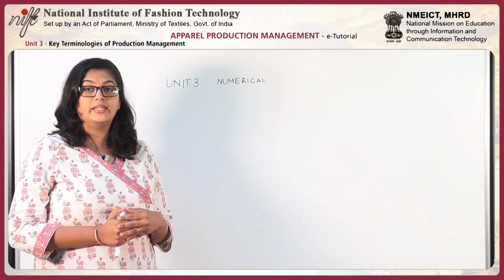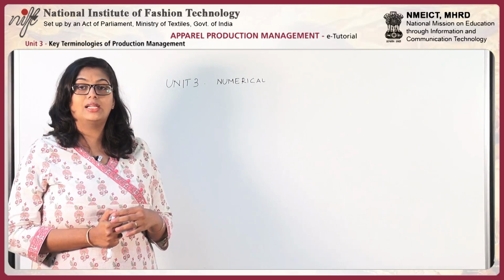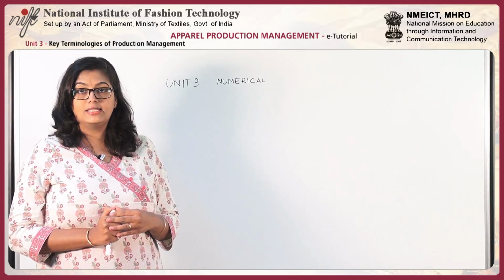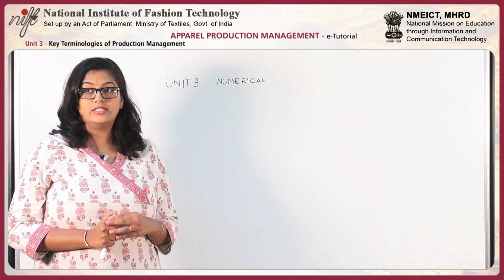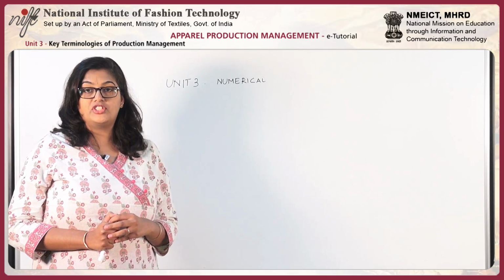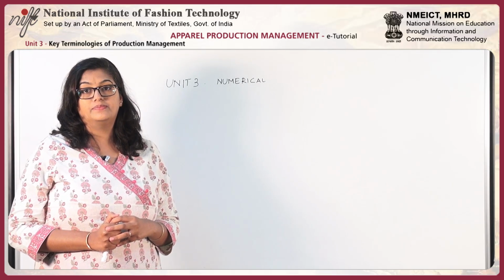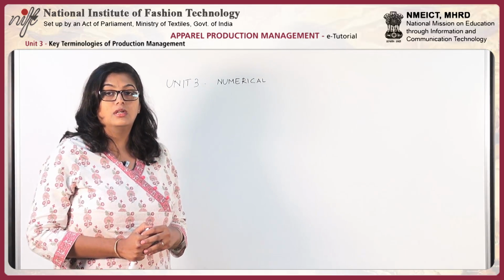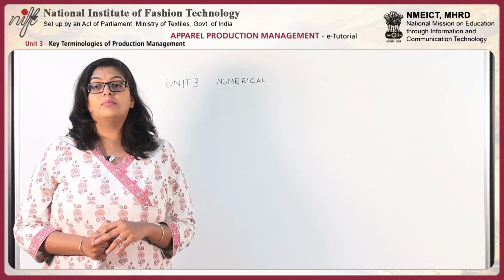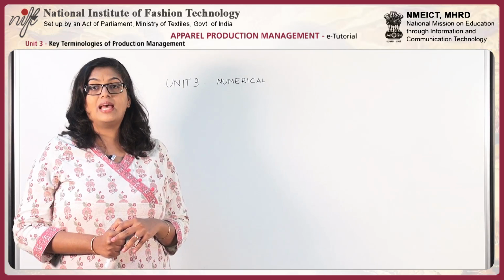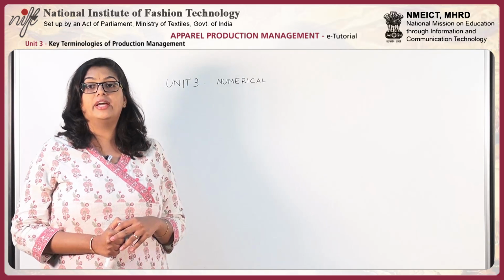Now let us try and analyze and try to calculate a couple of numericals. We would be calculating efficiency of standard, etc. The example that we would be taking is of a pajama pant with a SAM value of 12.35.